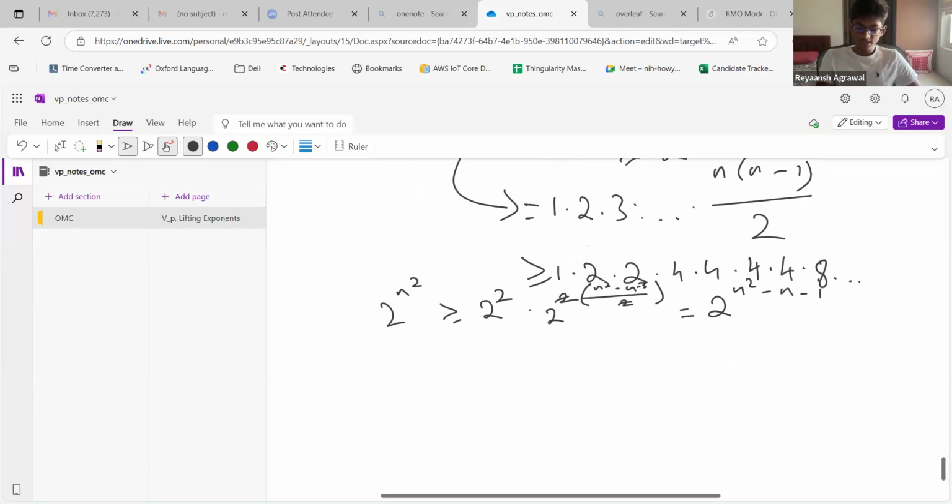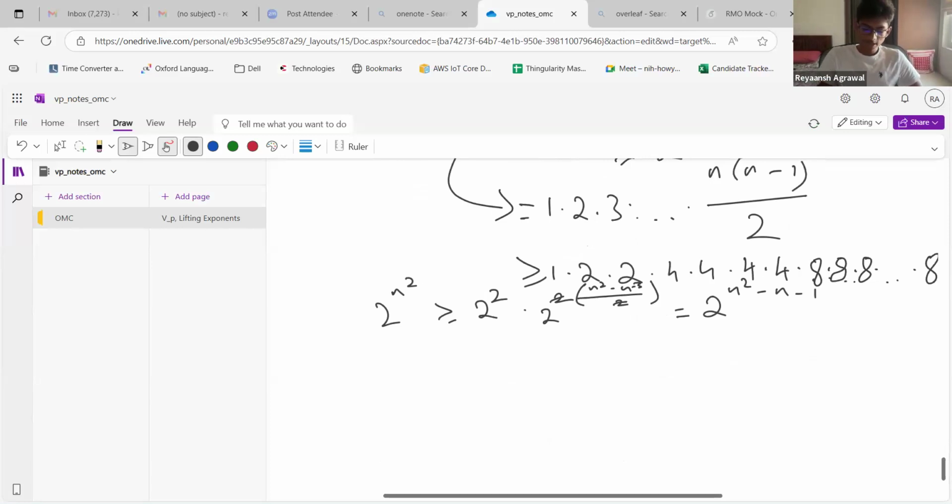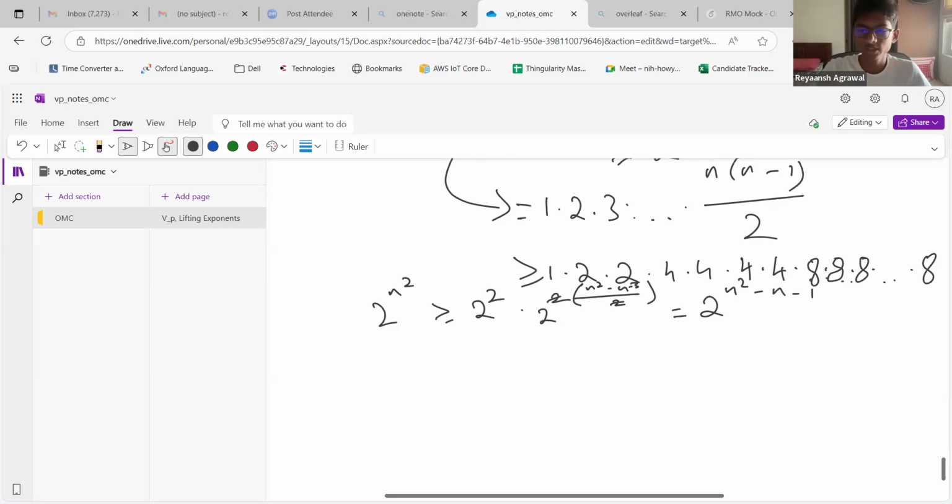Can we start putting 8s over here? I hope everyone understands why we're doing this, right? Like more than what we're doing. I hope everyone understands why we're doing this. This is greater than, just one second, I just erased this stuff.